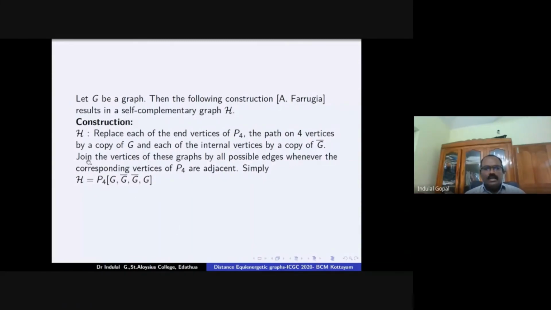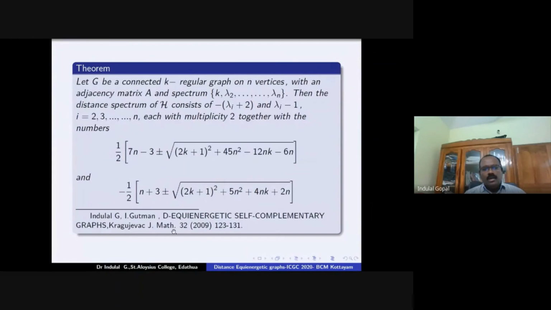There is a well-known construction of self-complementary graphs proposed by Alexander Farrugia in his MSc thesis, which is the join union of G, G complement, G for any graph G. Our paper on D equi-energetic self-complementary graphs appeared in the Kragujevac Journal of Mathematics in 2009 with Gutman.